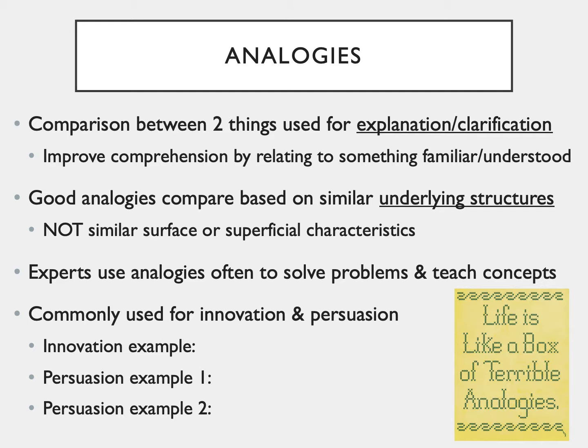Analogies can be used to enhance persuasion as well. For example, chains could be used to describe missing links of evidence. A chain link could be used to describe evidence where each chain link leads to the next.